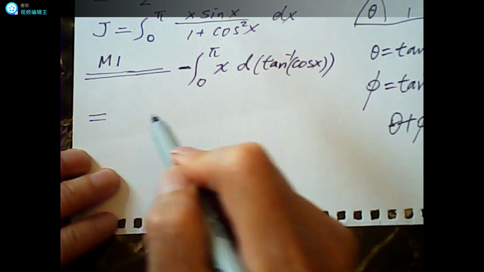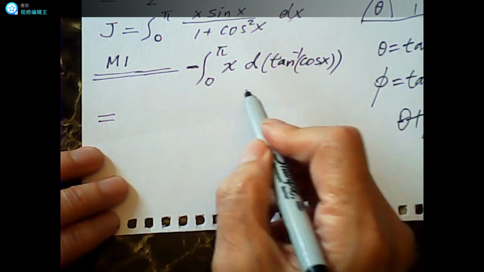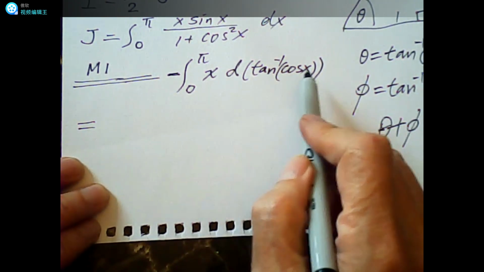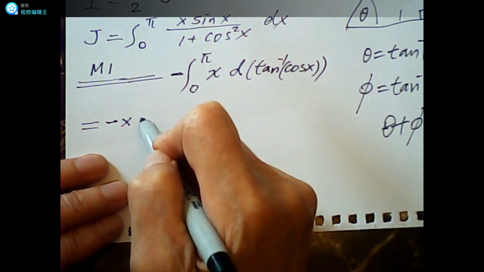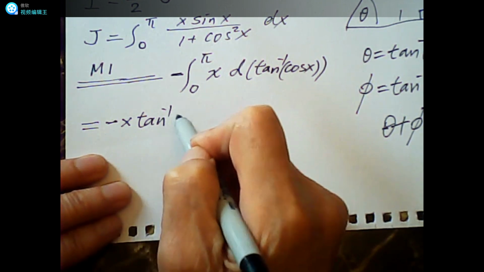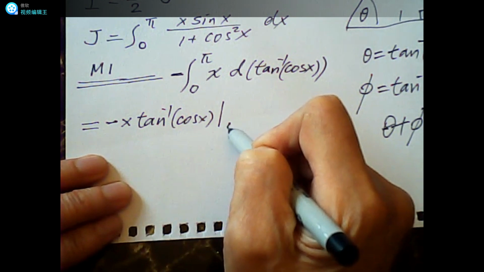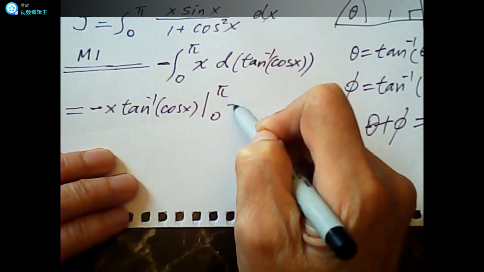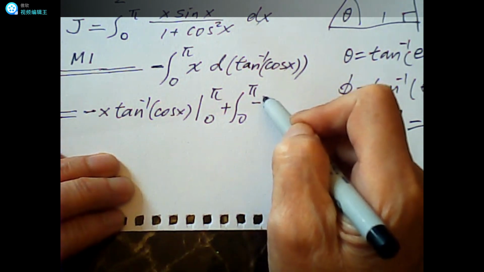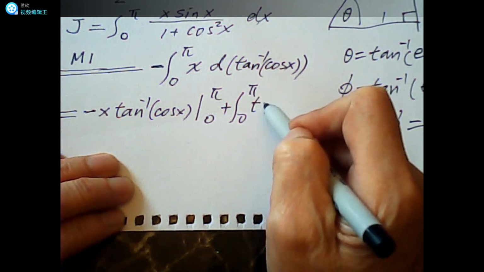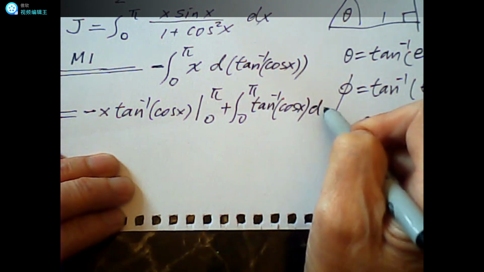Then this one is equal to, by parts, u dv, right? So negative x times arctangent cosine x from 0 to pi plus the integral from 0 to pi of arctangent cosine x dx.